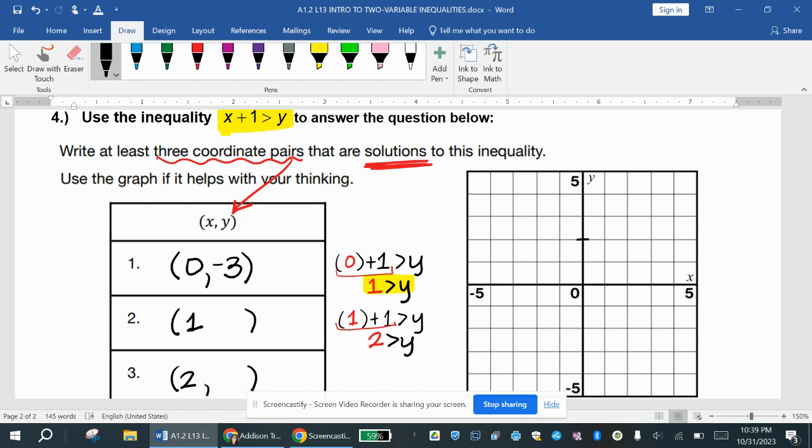So I can pick any y value that is smaller than 2, right? Because 2 has to be bigger than my y value. So I could pick any point, any y value that is lower than 2. Go ahead and pick any number that is lower than 2. I'm going to pick 1.